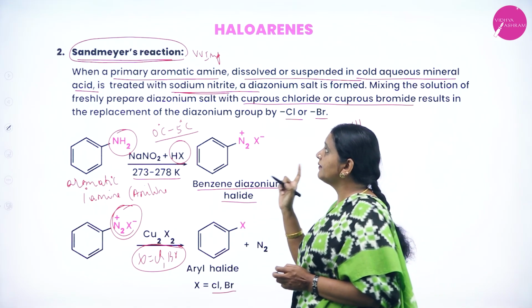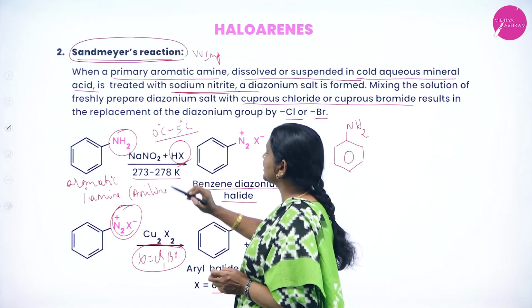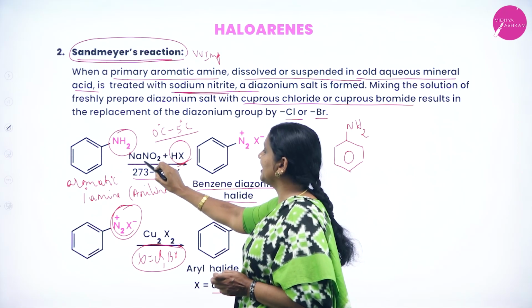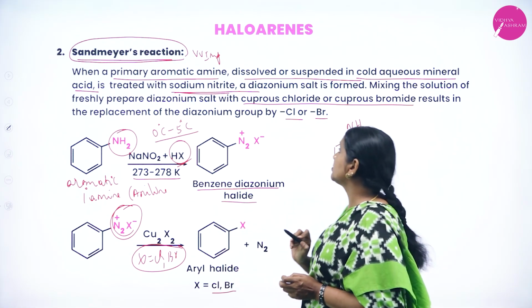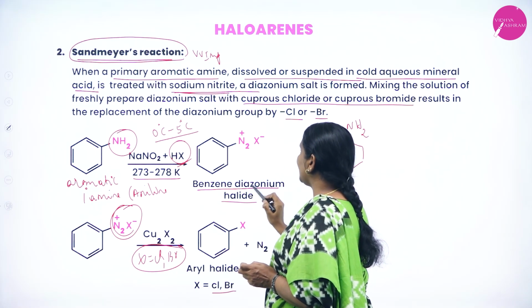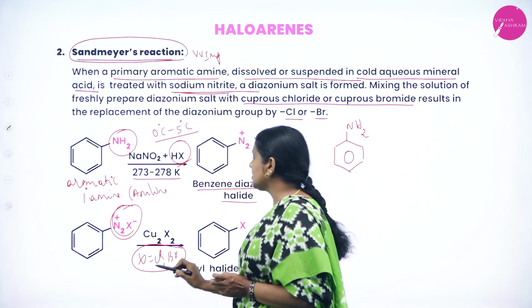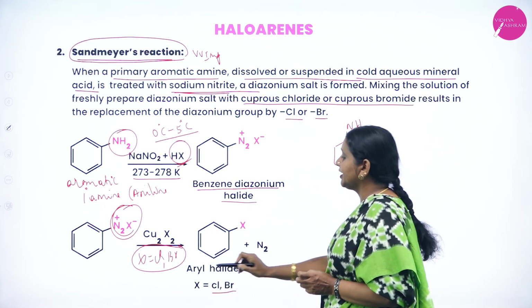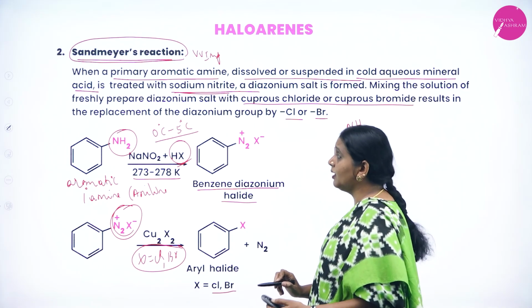Once again, I'll repeat. When a primary aromatic amine is dissolved in cold aqueous mineral acid and sodium nitrite, NaNO2, at 0 to 5 degree centigrade or 273 to 278 Kelvin, there is a formation of benzene diazonium halide. This benzene diazonium halide heated with cuprous chloride or cuprous bromide, you are going to get chlorobenzene or what? Bromobenzene.